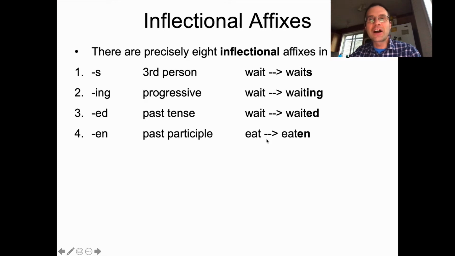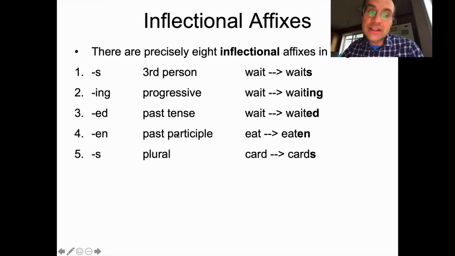In the first context I mentioned, I have eaten or she has eaten, it forms what is called the past participle form of the verb, something that has been completed in the past rather than something that just generally happened in the past. And it's en rather than ed. Those are the inflectional affixes which can attach to verbs in English.